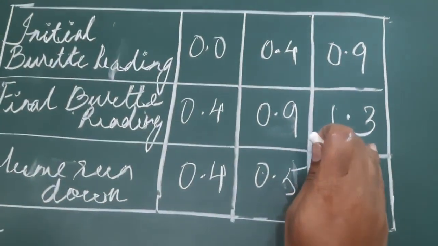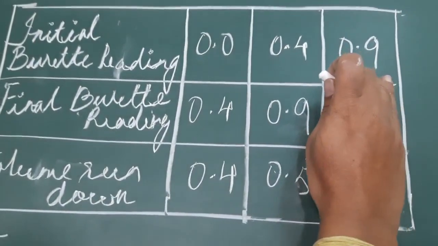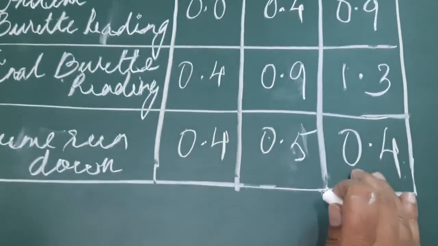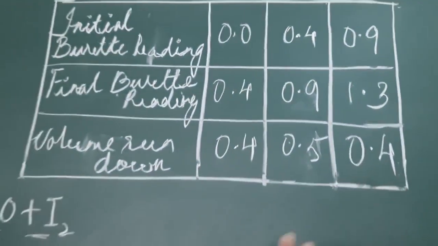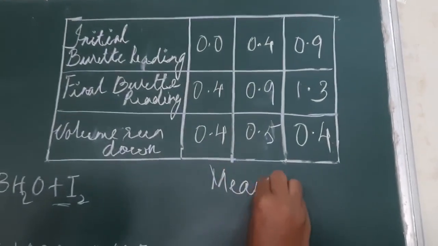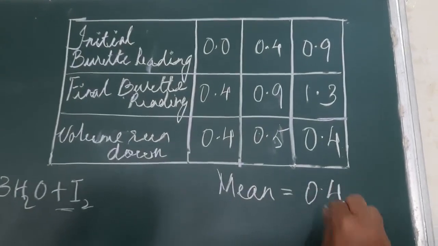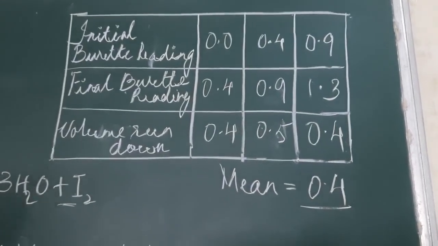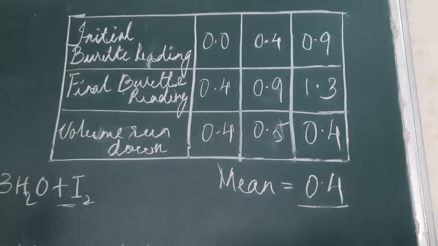The final burette reading was 1.3 and the initial was 0.9, and the volume run down was 0.4. So the mean came to 0.4, and this was taken for the further calculation of the dissolved oxygen.